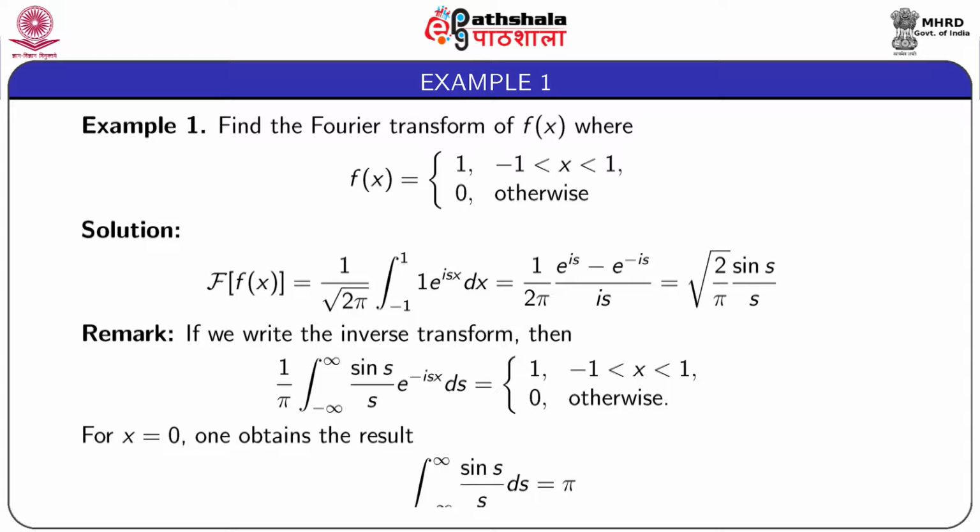Remark: if we write the inverse transform, we will get back the function itself. So, inverse transform is given by 1 by pi integral minus infinity to plus infinity sin s by s e to the power minus I s x ds, which is equal to the given function, that is equal to 1 when x lies in the interval minus 1 to plus 1 and 0 otherwise.